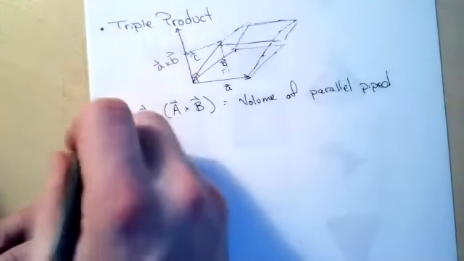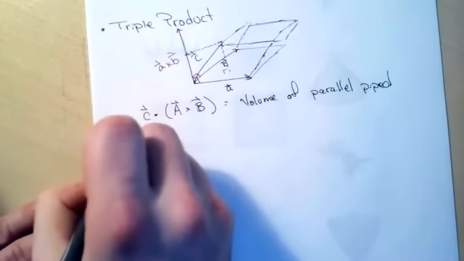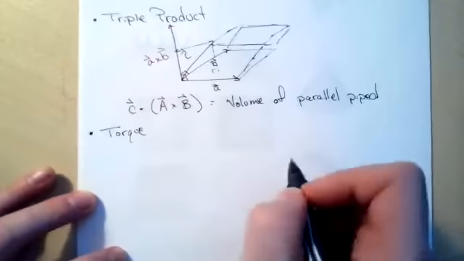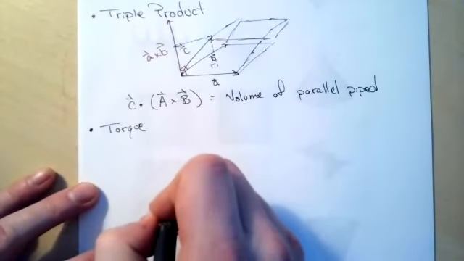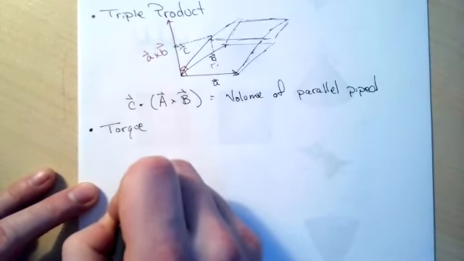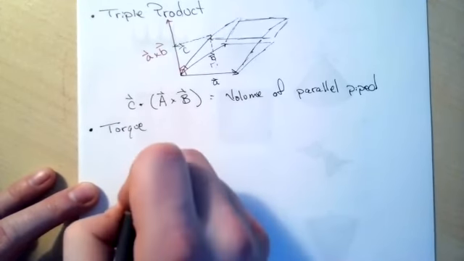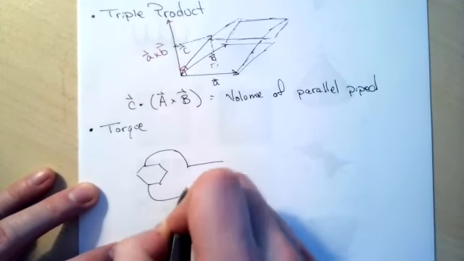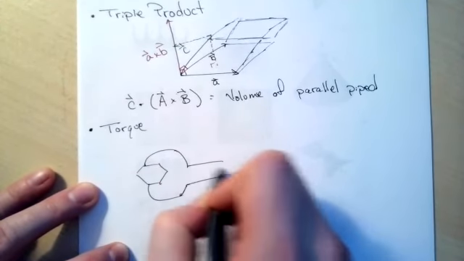And then the last example that's going to come up is our physics applications of torque. So torque, you want to think of just as like a wrench, or anytime you've got leverage being applied.